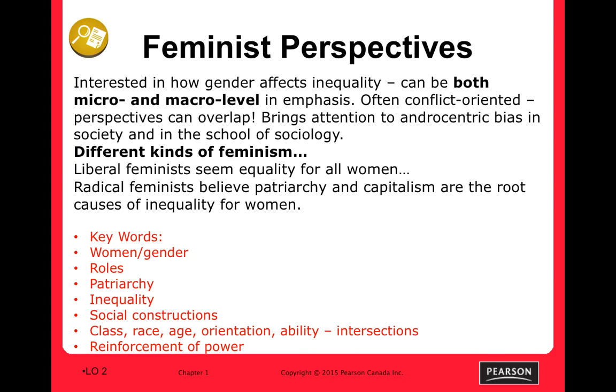So some of our key words for the feminist perspective here are going to be, of course, women and gender, roles, patriarchy, inequality, social constructions, class, race, age, orientation, ability, and how these things intersect, as well as the reinforcement of power.